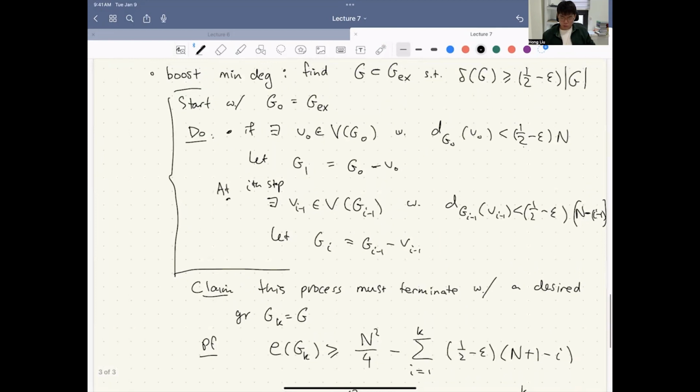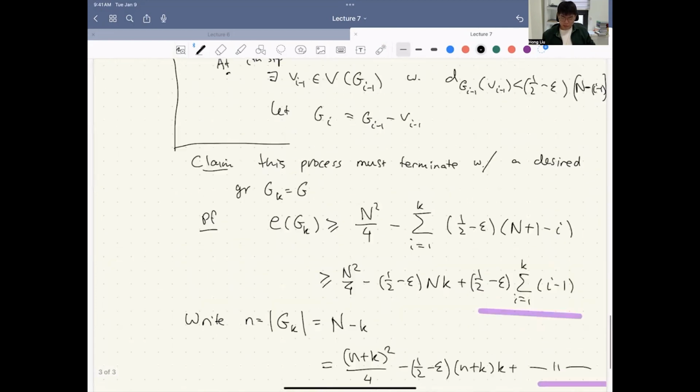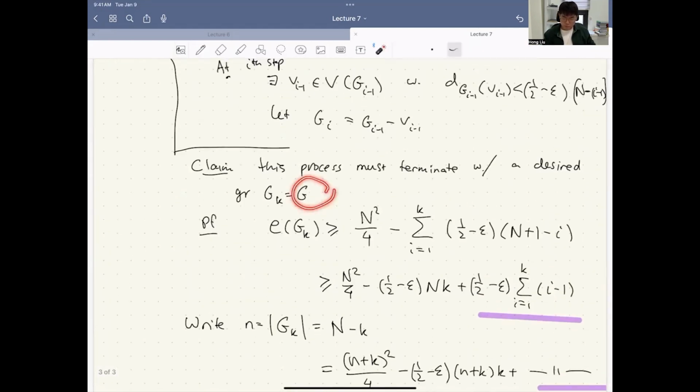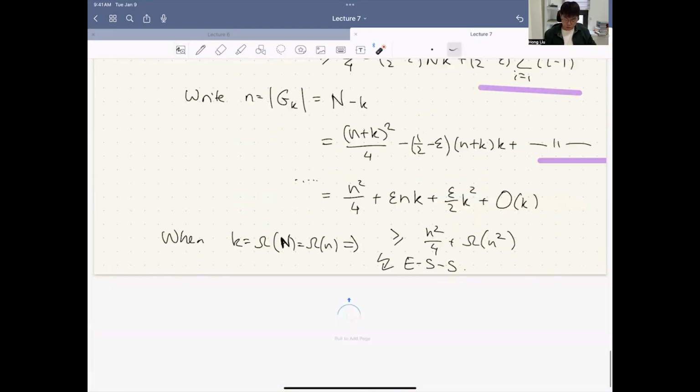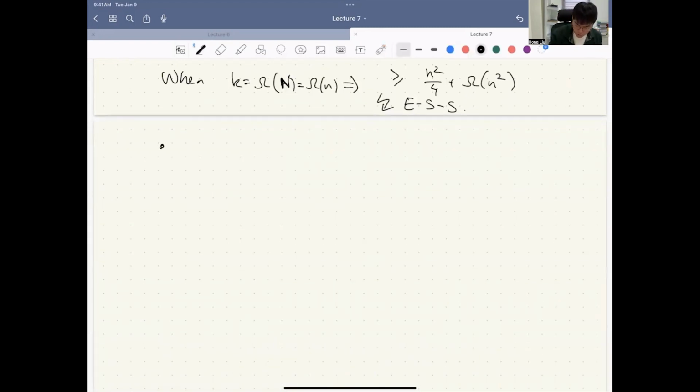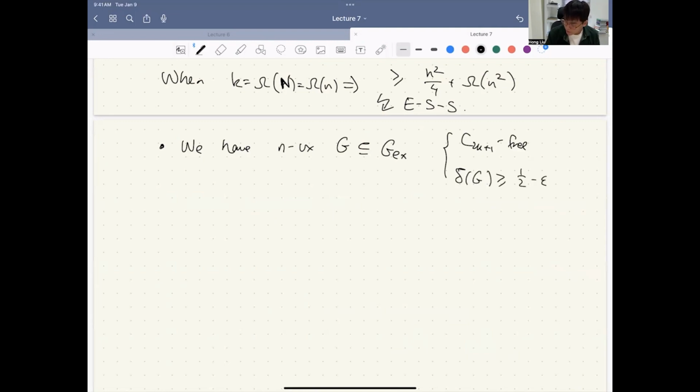So we obtain an n-vertex graph G, a subgraph of G_X, which is C_{2k+1}-free, and the minimum degree of G is at least (1/2 - epsilon) times n. Good.